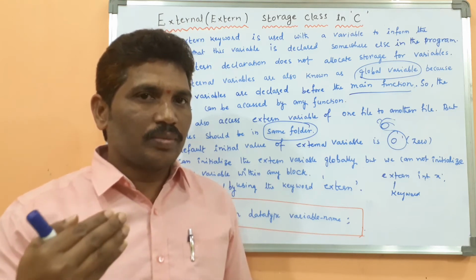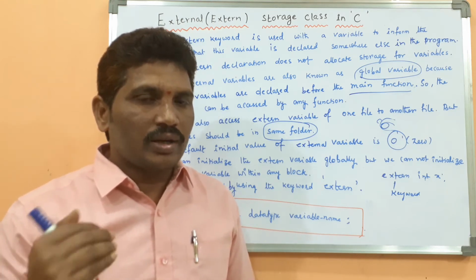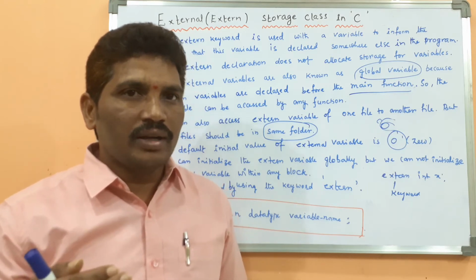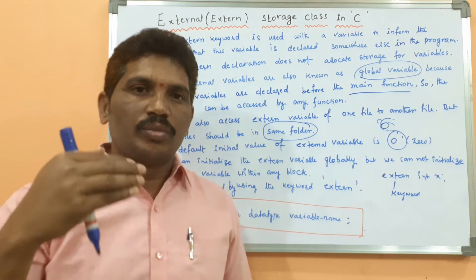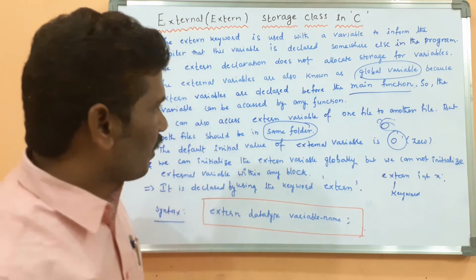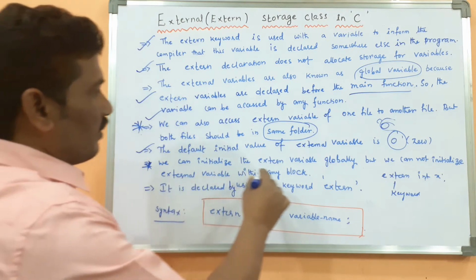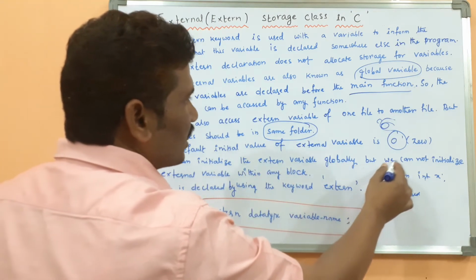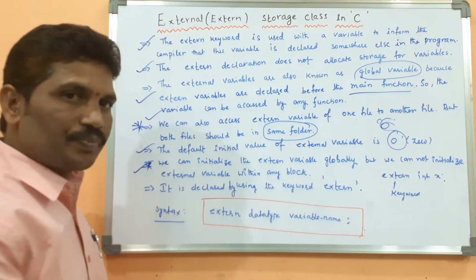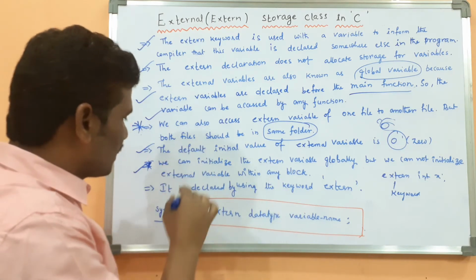An external variable can't be initialized within the block or within a function. It can be defined and initialized before the function or before the block. Please remember these statements.